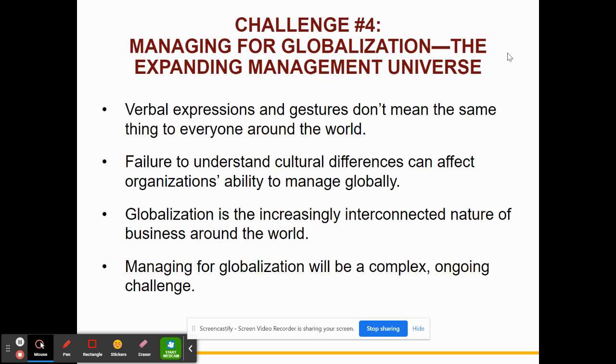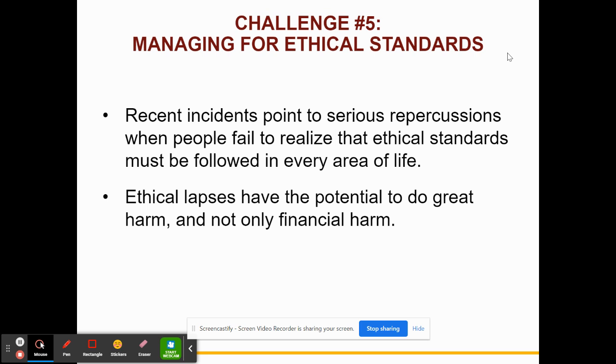So cultural differences matter, and failure to understand those differences can affect your ability to work in those companies and markets. Globalization is becoming increasingly interconnected, and it's a complex, ongoing challenge to manage businesses across the world.